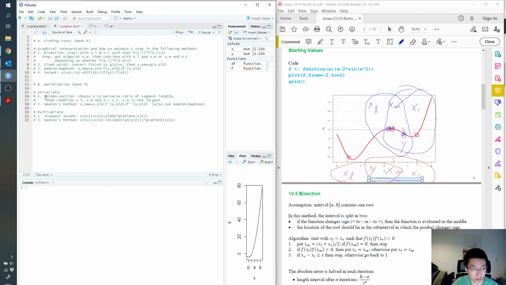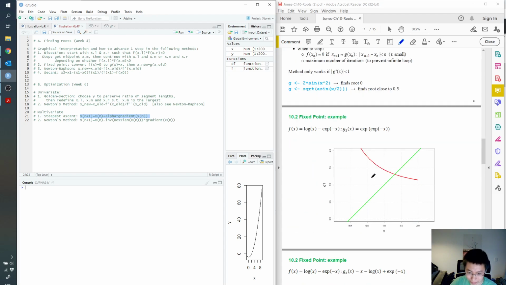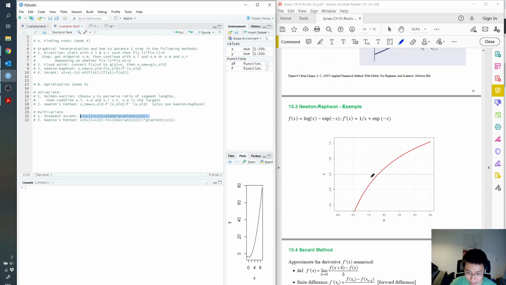So then I could use, for example, this golden section method to find an alpha, so the best step size that gives me the function that is the lowest at that point. So maybe that's not entirely clear. But basically, assume that here is the graph of my function.